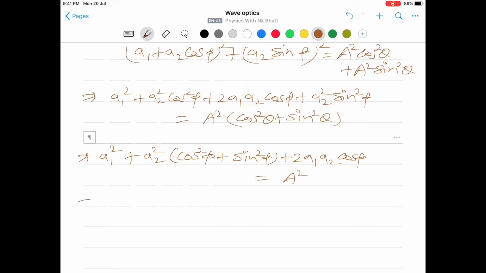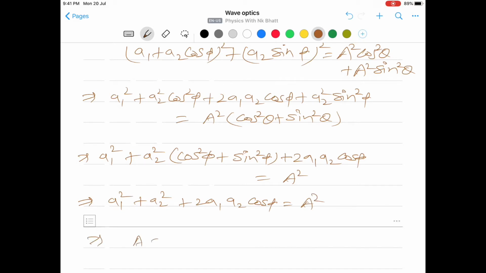If we use the same identity here also, we will get a1 square plus a2 square plus 2a1 a2 cos phi is equal to a square.